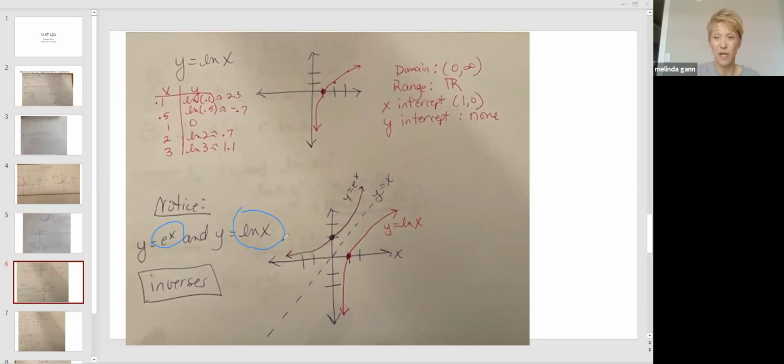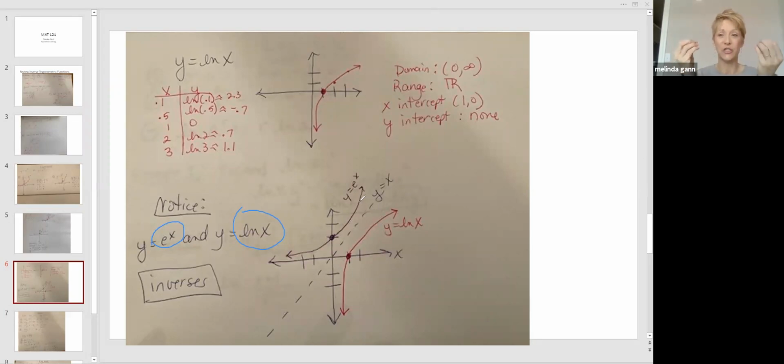Now, if you have the graphs on the same set of axes, it's real easy to see if they're inverses. If you have inverse graphs on the same picture and you draw the line y equals x and you fold along that line, inverses will always fit right on top of each other.